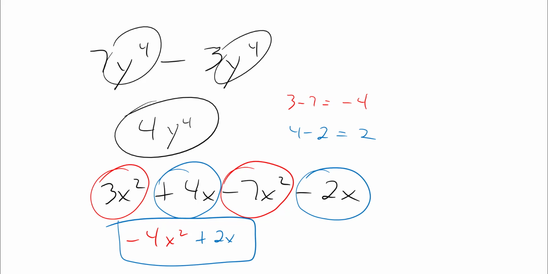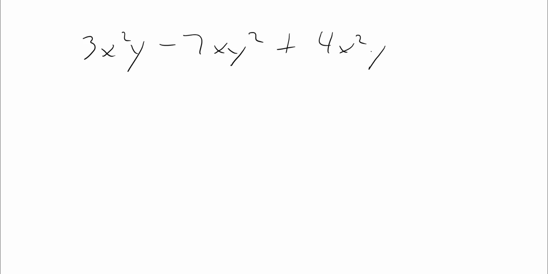So if I had other variables, let's say I had 3x squared y minus 7xy squared plus 4x squared y plus 2xy squared.